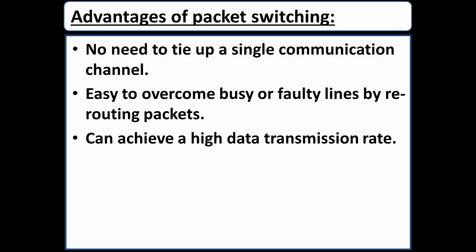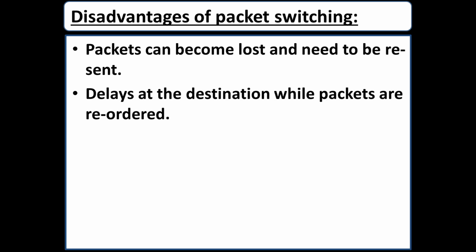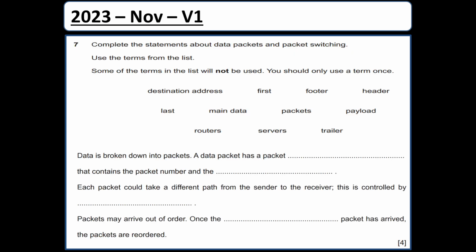You can also achieve high data transmission rates, as well as overcome busy or faulty lines. However, the disadvantages are that packets can become lost and will need to be reordered, and need to be resent if any of the packets is lost or gets corrupted during transmission. There could be delays because of that as well.